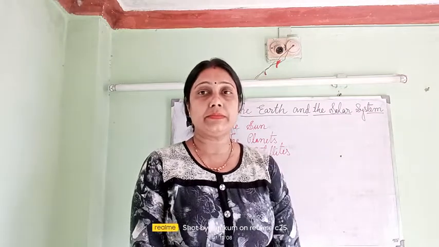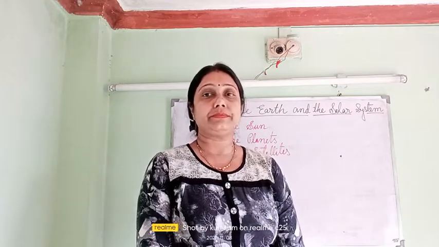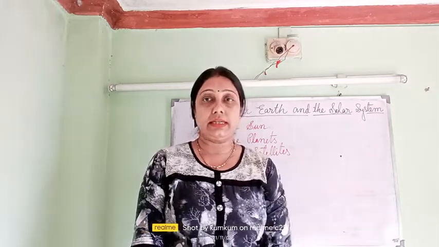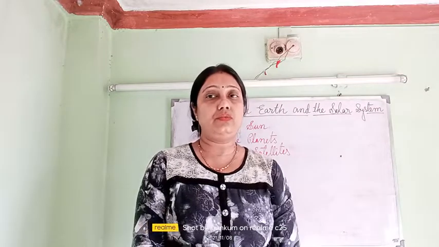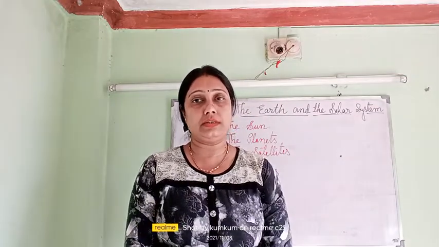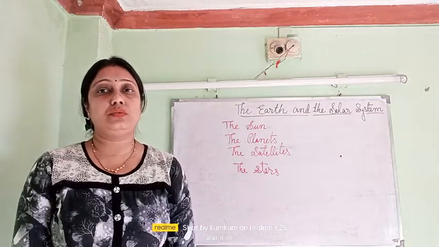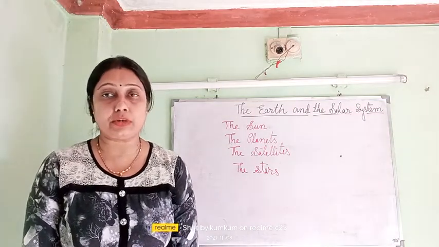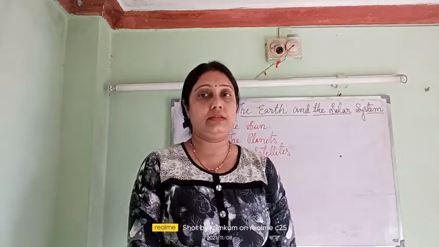No life would have existed without the sun. The sun gives us heat energy and light energy, through which living organisms survive on the Earth. So the sun is very important for survival on the Earth.